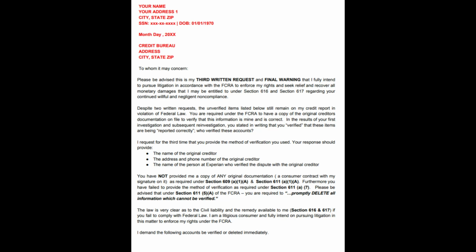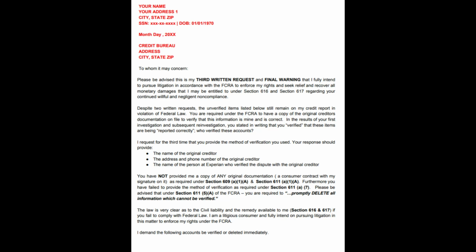You are required under the Federal Credit Reporting Act to have a copy of the original creditor's documentation on file to verify that this information is mine and correct. In the result of your first investigation and subsequent reinvestigation, you stated in writing that you verified that these items are being reported correctly. Well, who verified these accounts? I request for the third time that you provide the method and verification you used. Your response should provide the name of the original creditor, the address and phone number of the original creditor, and the name of the person at Experian who verified the dispute with the original creditor.